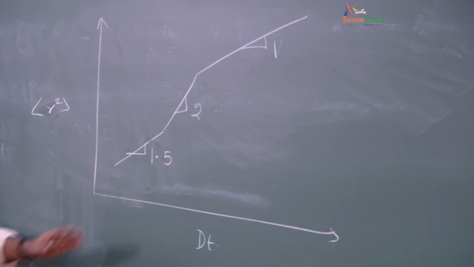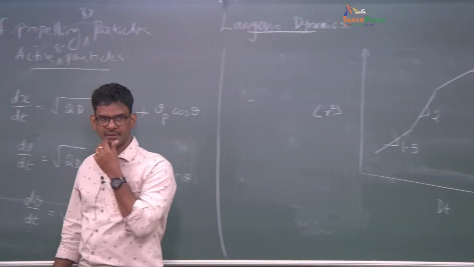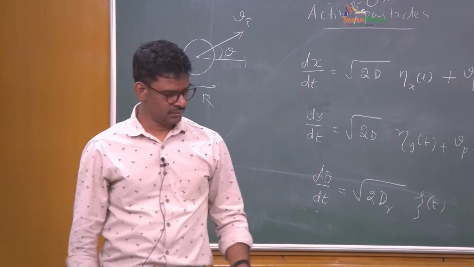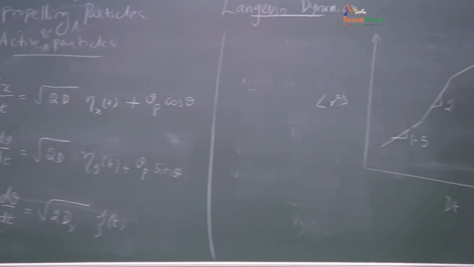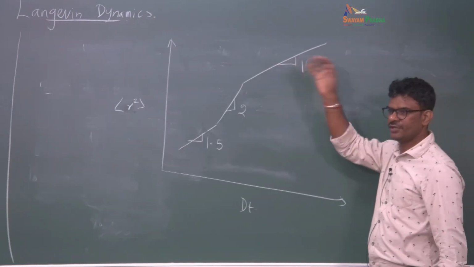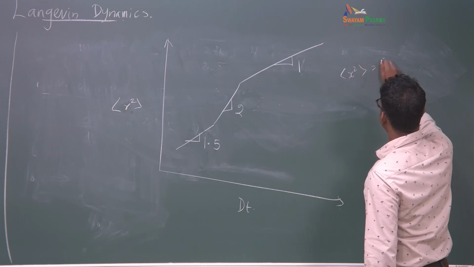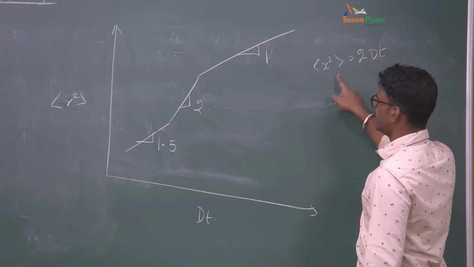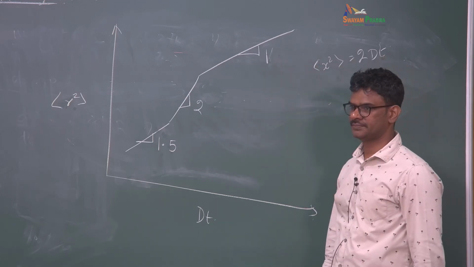Without this we would have seen only these 2. Here, this one, because it is purely diffusive motion. Remember, for a free diffusion, mean square displacement is 2Dt. In log scale, if you plot log of this and log of this, the slope will be 1.